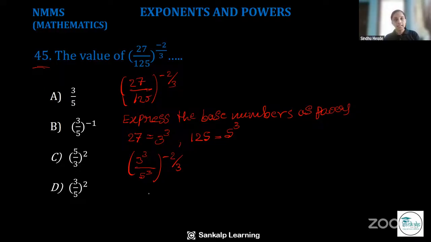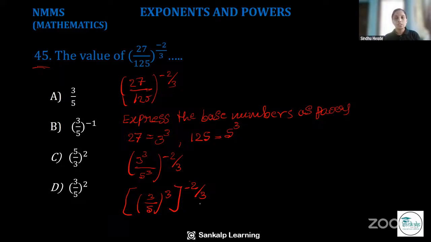Or we can write it as, take one more bracket and write 3 by 5, since both contain the power 3. So 3 by 5 the whole cube, and then outer it is minus 2 by 3.